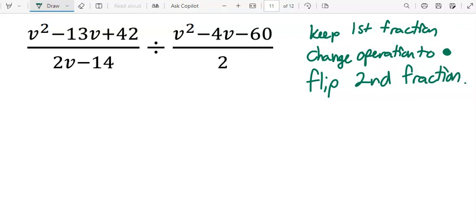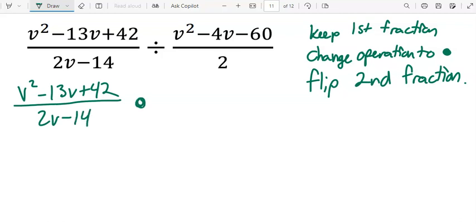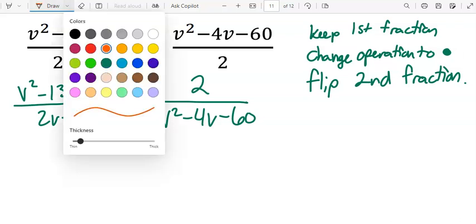So we'll do that first. V squared minus 13v plus 42 all over 2v minus 14 times, flip the second fraction, 2 over v squared minus 4v minus 60. Okay, next you want to factor.